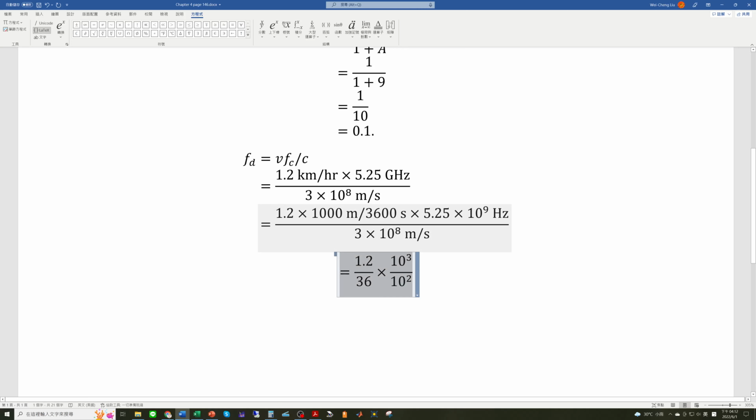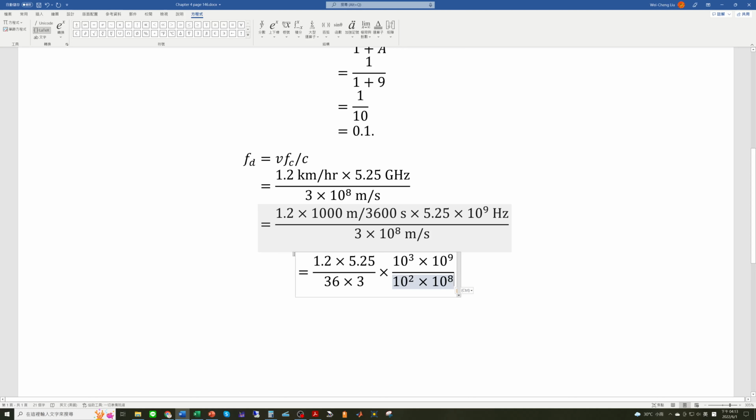And times 5.25, so it is here, and times 10 to the power of 9 here. And 3, so times 3, and 10 to the power of 8. Like this.